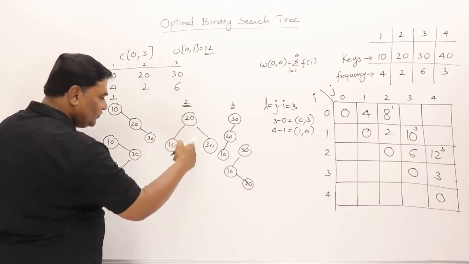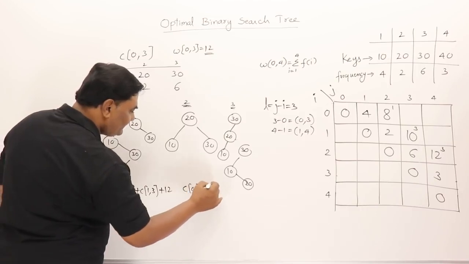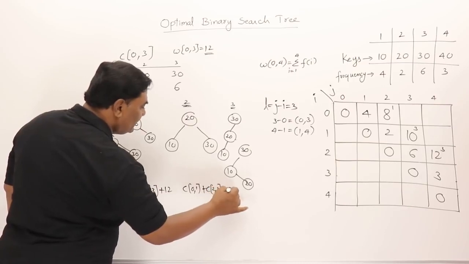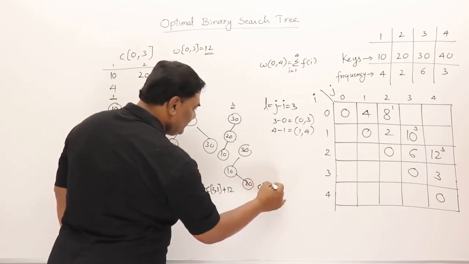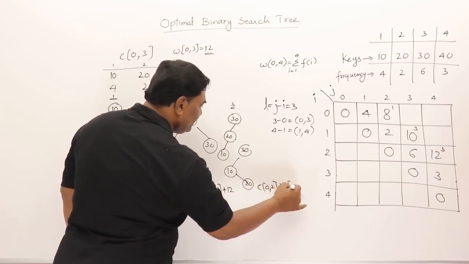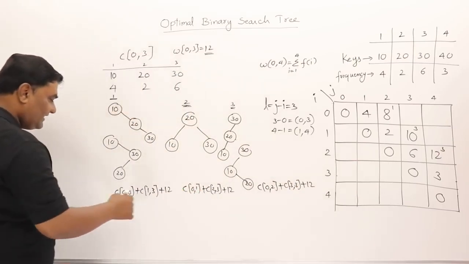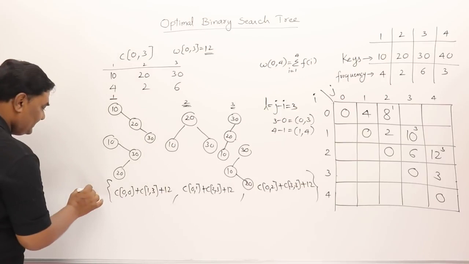Then for this, when 2 is there as a root, this is C of 0 comma 1 plus C of 2 comma 3 plus 12. And on this side, C of 0 comma 2 plus C of 3 comma 3 plus 12. Out of this, I have to select any one of them that is giving me minimum.